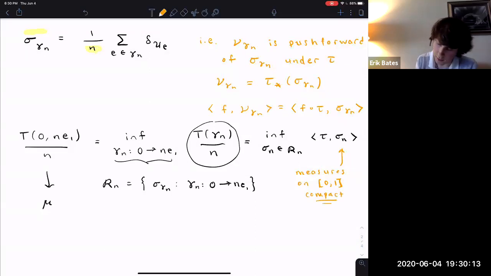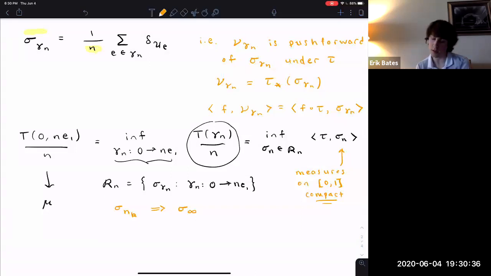And so I could take, for instance, a sequence of these sigma n's that are associated to geodesics. So let me say I have a sequence sigma n, and then along some subsequence, let's call it sigma nk, this converges weakly to some abstract measure on 0, 1, let's call it sigma infinity.